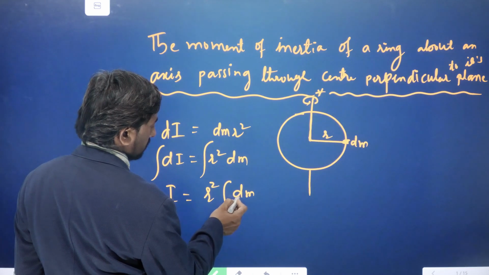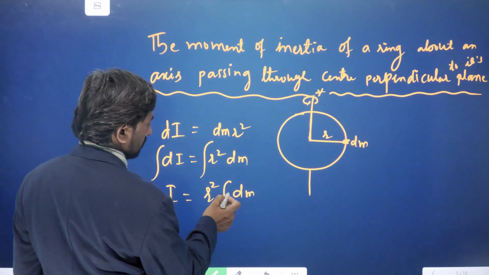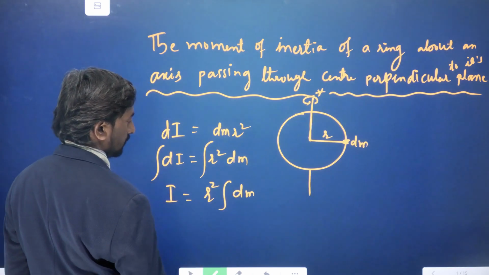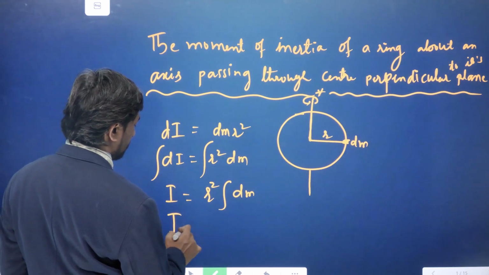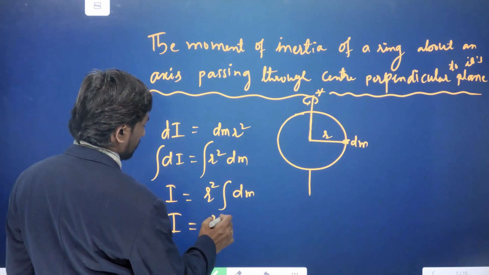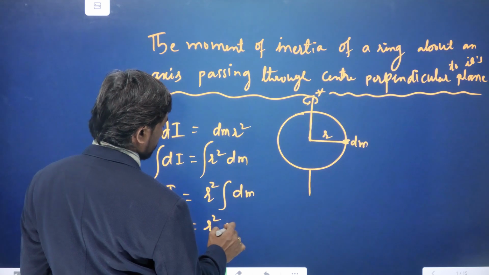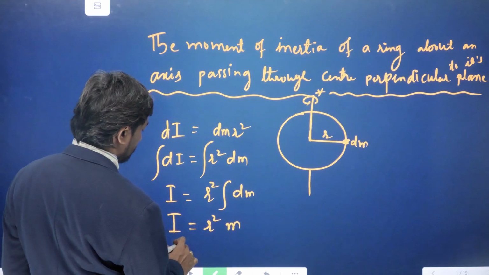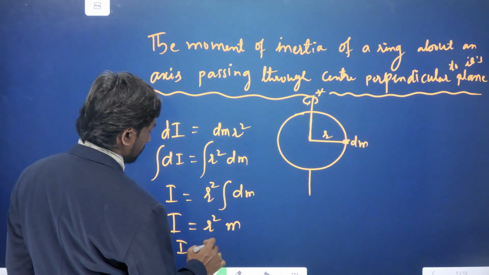The limits cover one rotation, one full circle. The integral of dm, there is no other term, is just m. So I equals m r square.